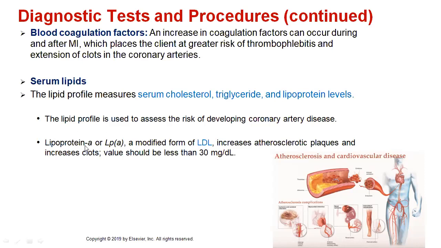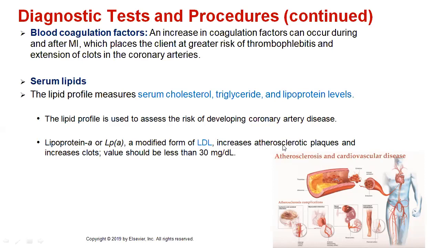Also lipoprotein. So there are two lipoproteins. One is called LDL, low density lipoprotein. They are bad because they collect the bad cholesterol and accumulate in the heart and develop atherosclerosis and lead to cardiac disease.